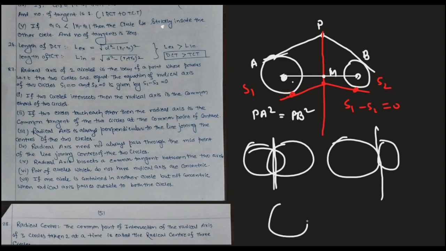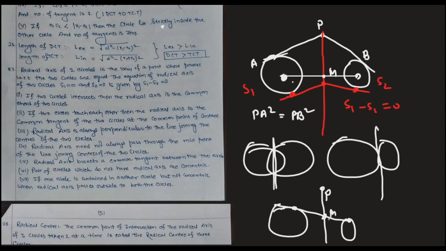The diagram will look like that. Suppose this is one circle, this is another circle, and this will be the common tangent, and your radical axis will be here. Now this is the locus of the point P. Then you notice that this point will be the middle point of these and these. So the radical axis will bisect the common tangent. It will be the direct common tangent or transverse common tangent, it does not matter. Radical axis bisects the common tangents between the two circles.